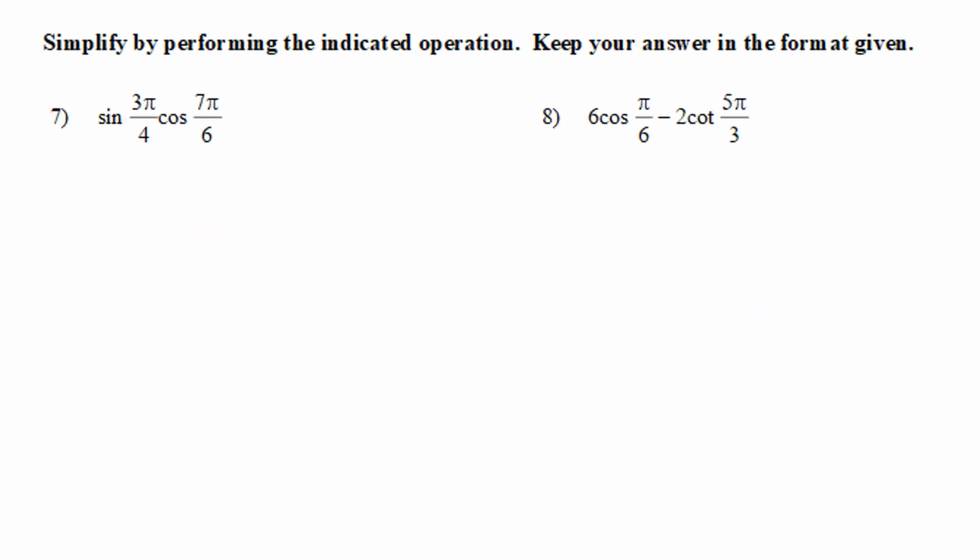Okay, in number 7, our two expressions are actually multiplied because there's no addition or subtraction between them. So I have sine of 3 pi over 4. We saw that one earlier. That is the square root of 2 over 2 multiplied by cosine, the x-coordinate at 7 pi over 6, which is negative square root 3 over 2.